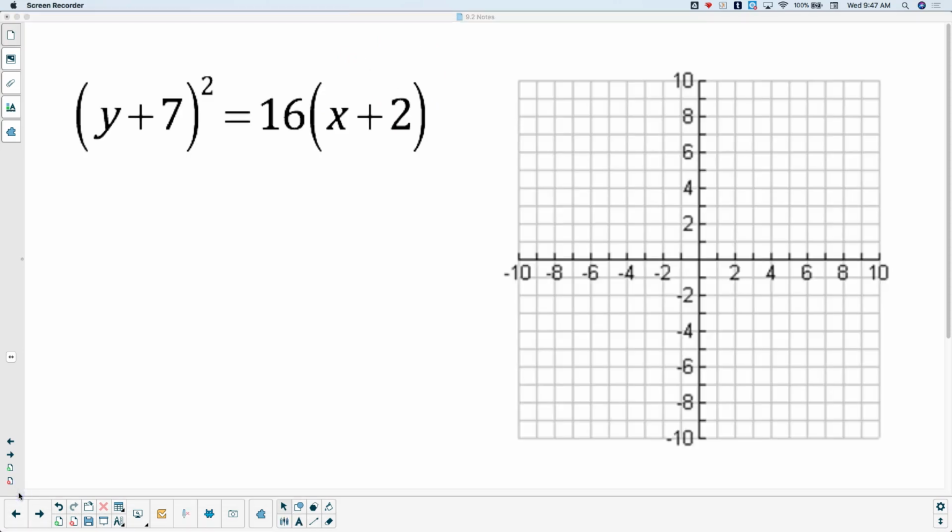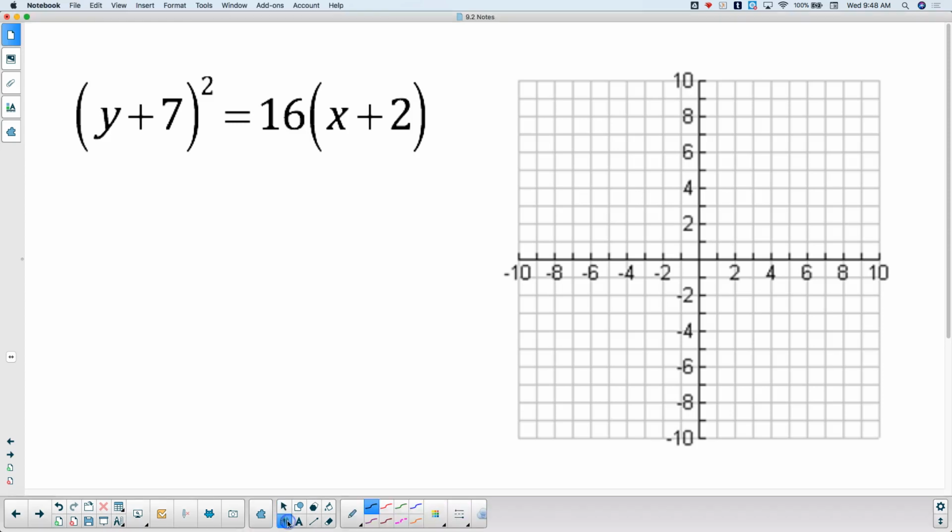All right, so first off, step number 1 told us which way it opens, right? Which way does this one open? Right. Y is squared, coefficient is positive. So this one opens right. Okay.